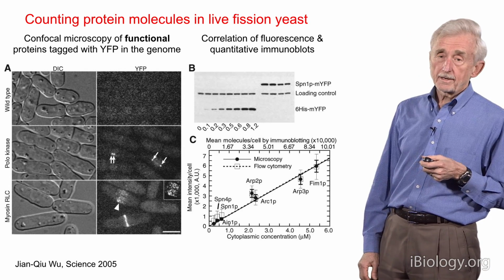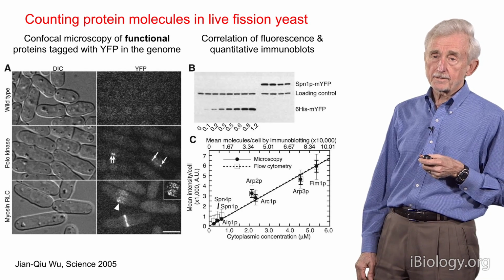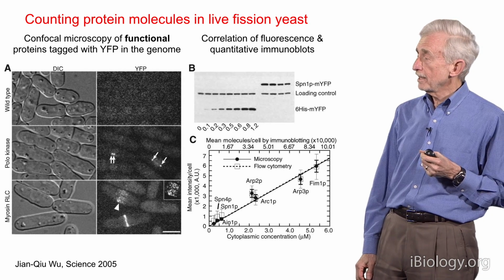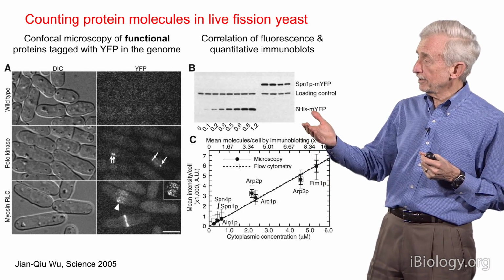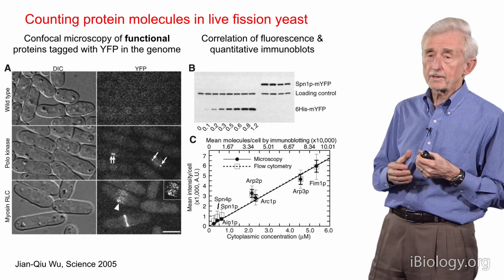He then took samples of cells that were expressing tagged proteins at different levels naturally in the cell. For example, this one is a septin tagged with YFP up here at the top.